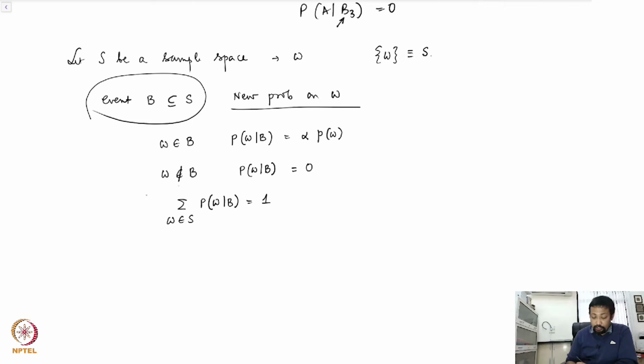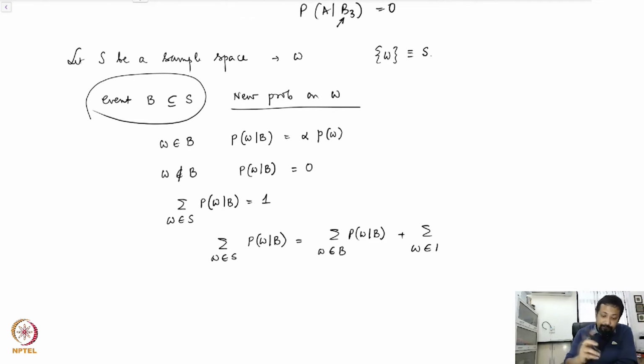So I can now expand this: I can write P of omega belonging to S as P of omega belonging to B plus P of omega belonging to B complement, or P of omega not belonging to B.